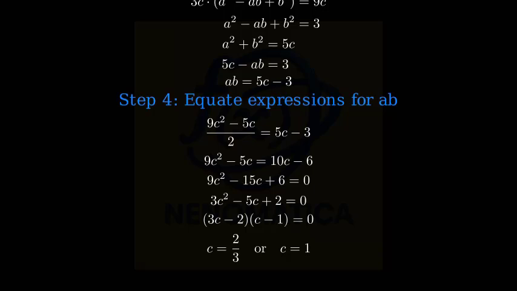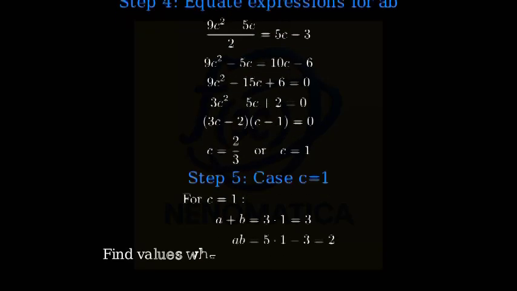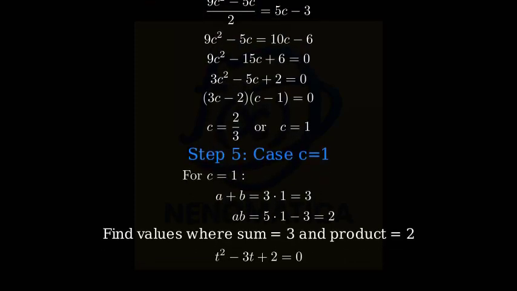Let's analyze the case where c equals 1. When c equals 1, we have a plus b equals 3, and ab equals 5 times 1 minus 3, which equals 2. So we need to find two numbers that sum to 3 and multiply to 2. We can use the quadratic formula. If we call one of the numbers t, we get the equation t squared minus 3t plus 2 equals 0.